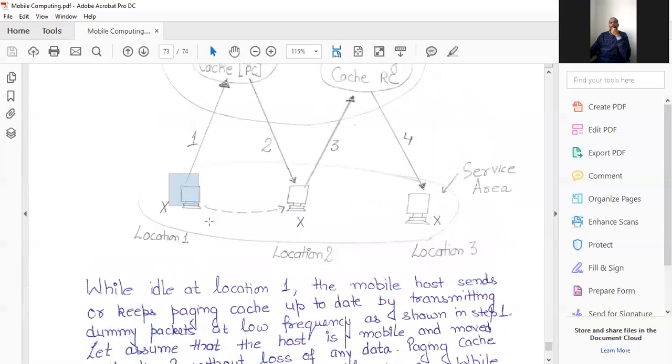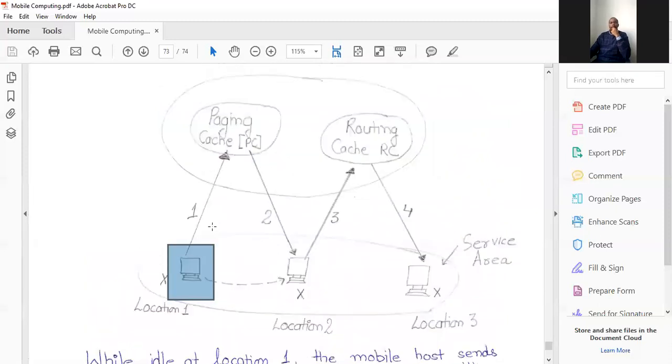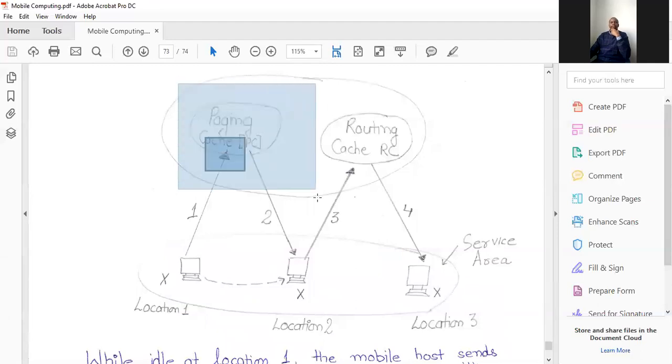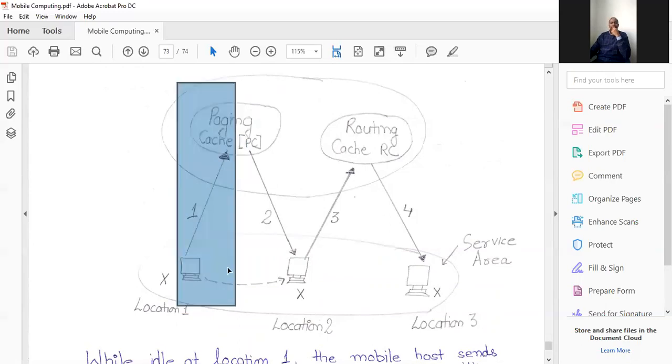If it is not sending user packets, then it sends dummy packets. These dummy packets are just to keep the network recognizing it as a potential device for data roaming.